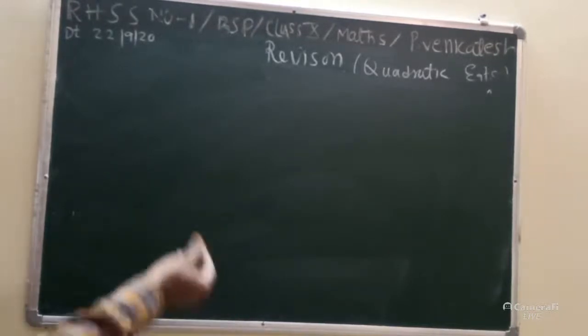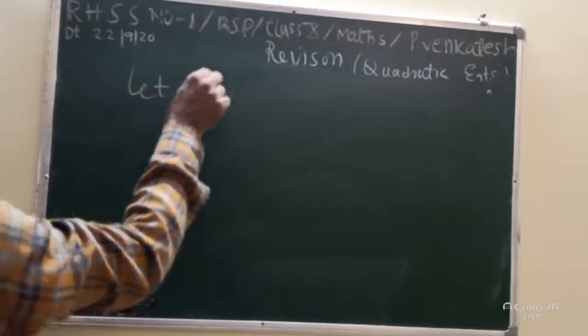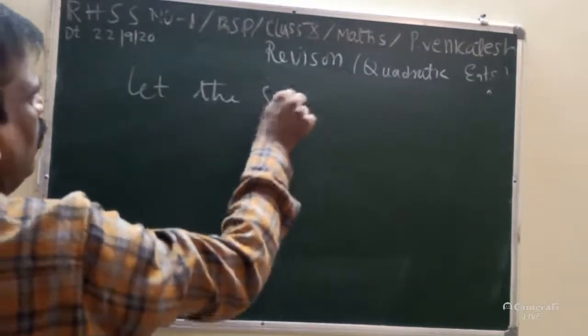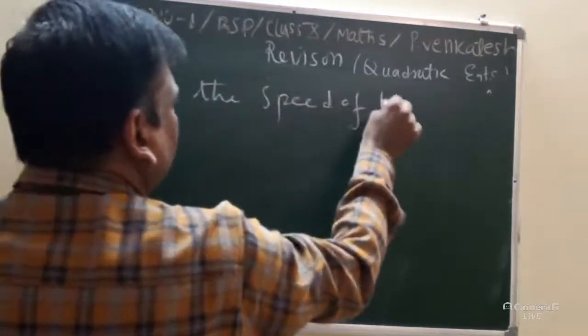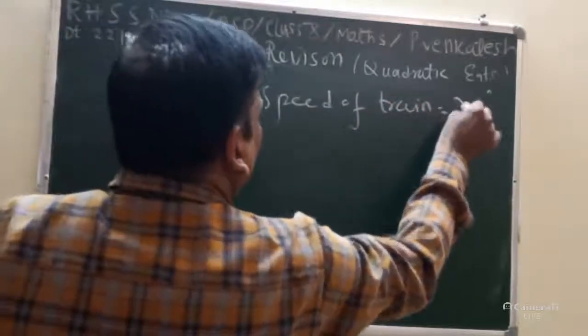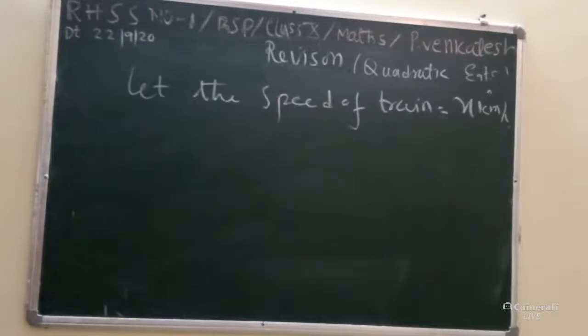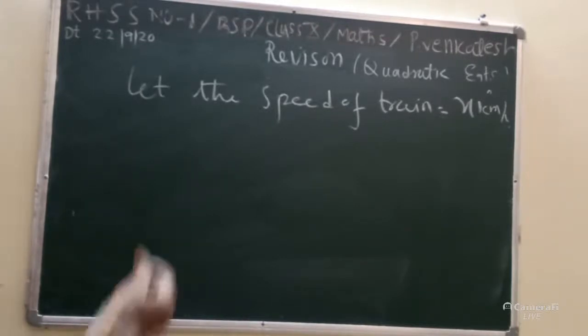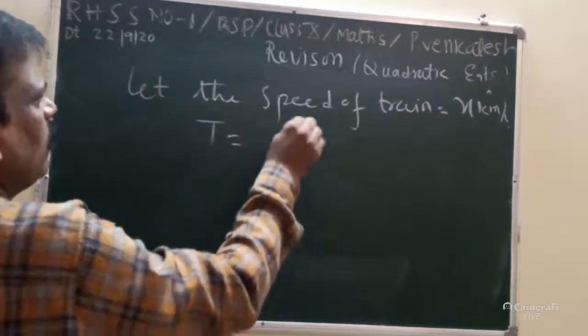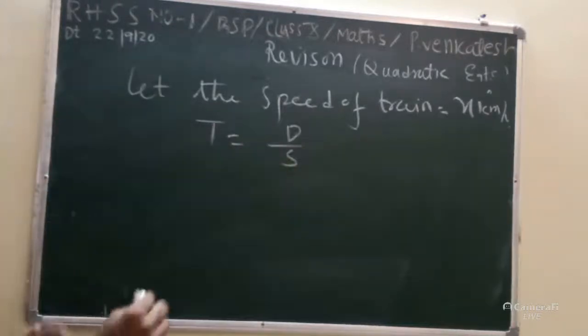Speed is not given. Let the speed of the train equal x kilometers per hour. Now what distance is given? 360 kilometers. You know time equals distance by speed.